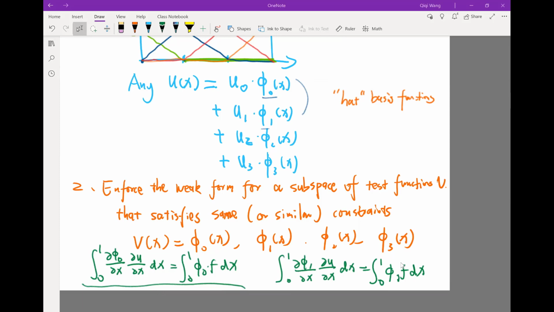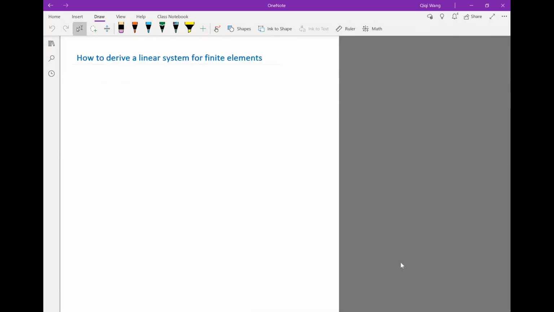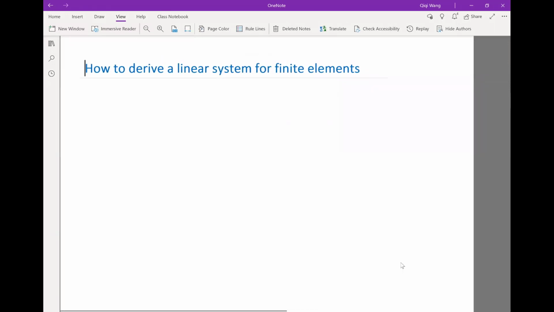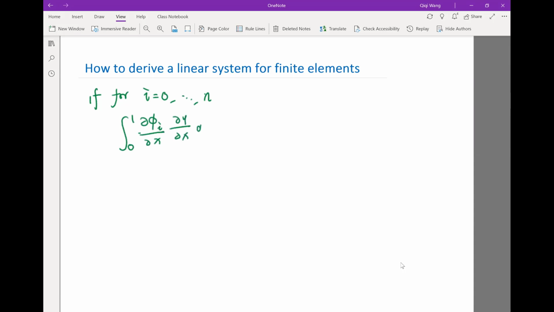All right. Essentially, let me just write it down here. For i equal to 0 to n, in this case n equals 3, the integral of dphi/dx times du/dx equals the integral of phi_i times f dx.